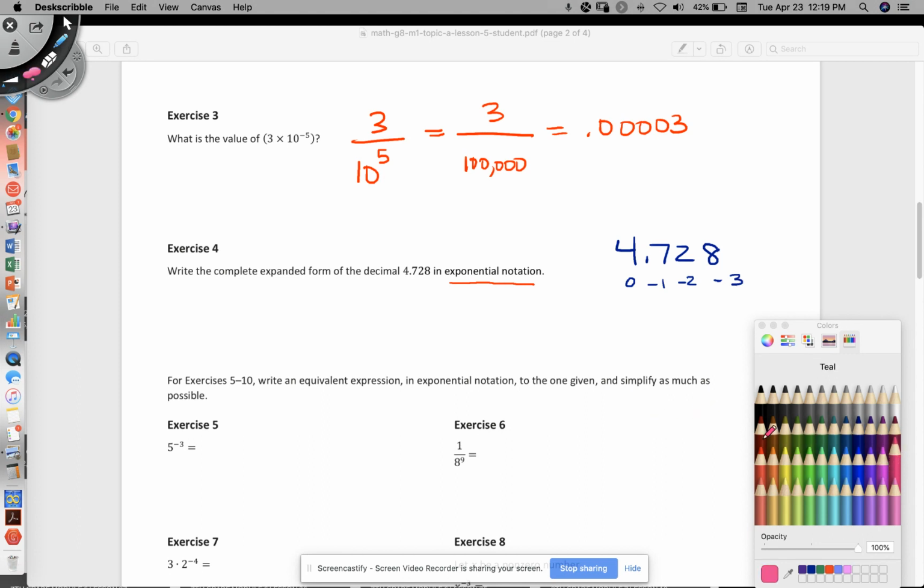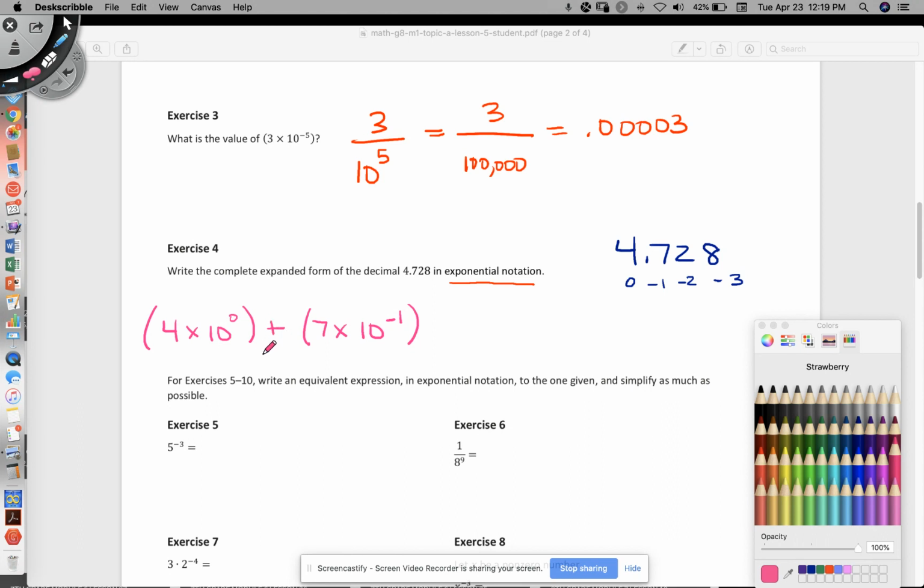All right, so now let's write this all out. We're going to do the parentheses, and remember, it's always times 10. So it's 4 times 10 to the 0 power plus 7 times 10 to the negative first. You don't need to include the decimal in here because the decimal would happen if you solve this all the way out. The decimal would fall right here because now you went from zeros and you're going into the negatives.